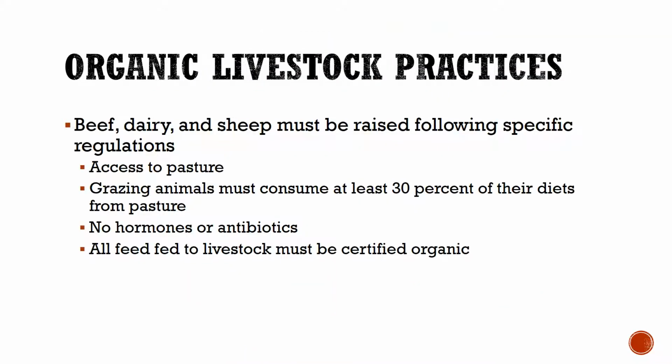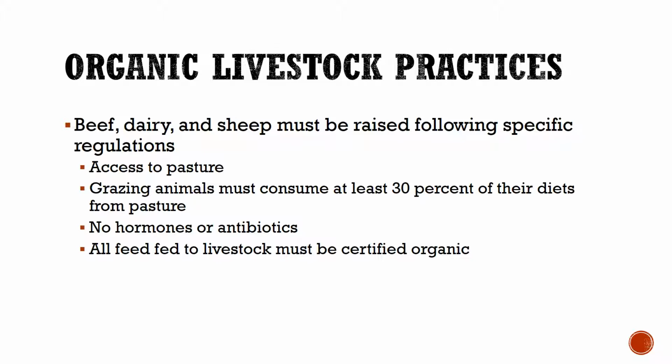All right, organic livestock product processes and practices. If you are raising anything like sheep, dairy, or beef, here are the specific regulations for that. You have to have pasture, because if you're going to grow organically, you're more than likely going to grow them on a grass type of system. They must consume at least 30% of their diets from their pasture.